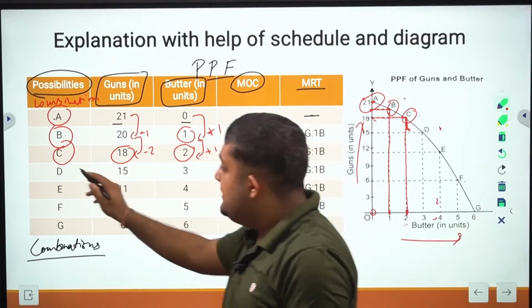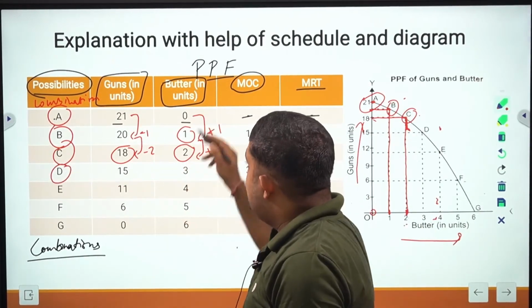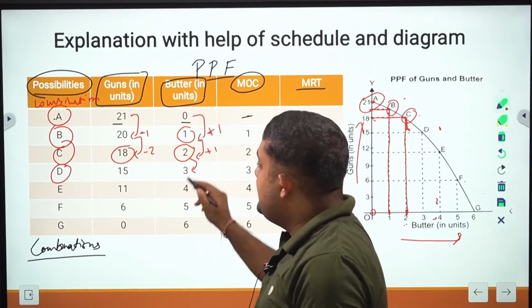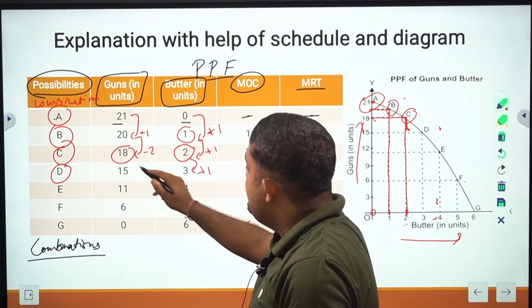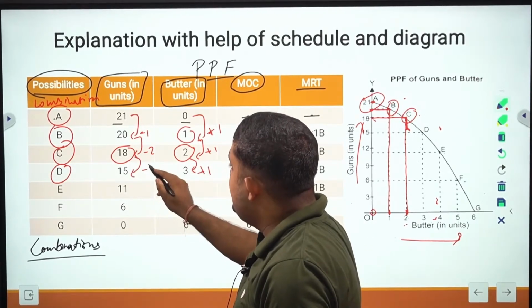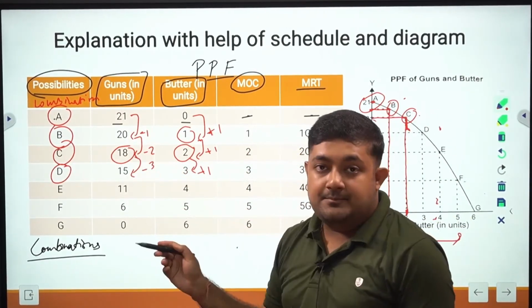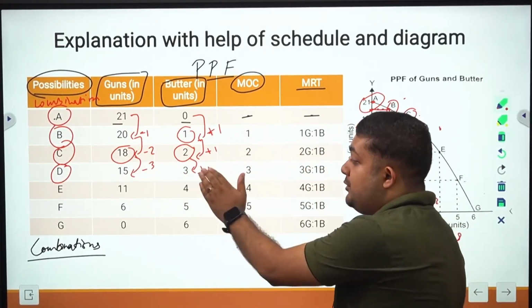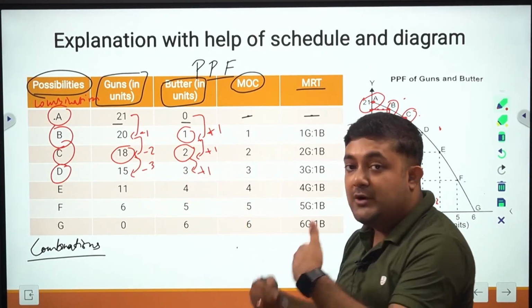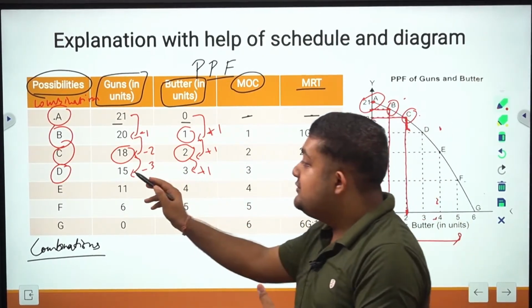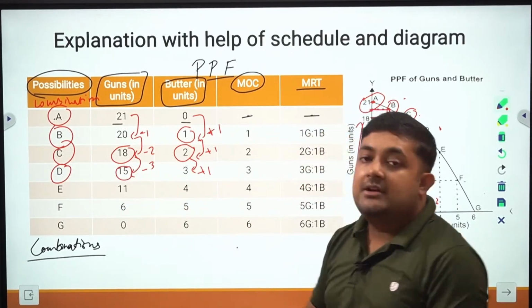Now in combination D, to produce one more extra unit of butter, plus 1, we have sacrificed 3 units of guns, from 18 to 15. To produce one more extra unit of butter, we need to sacrifice 3 units of guns.